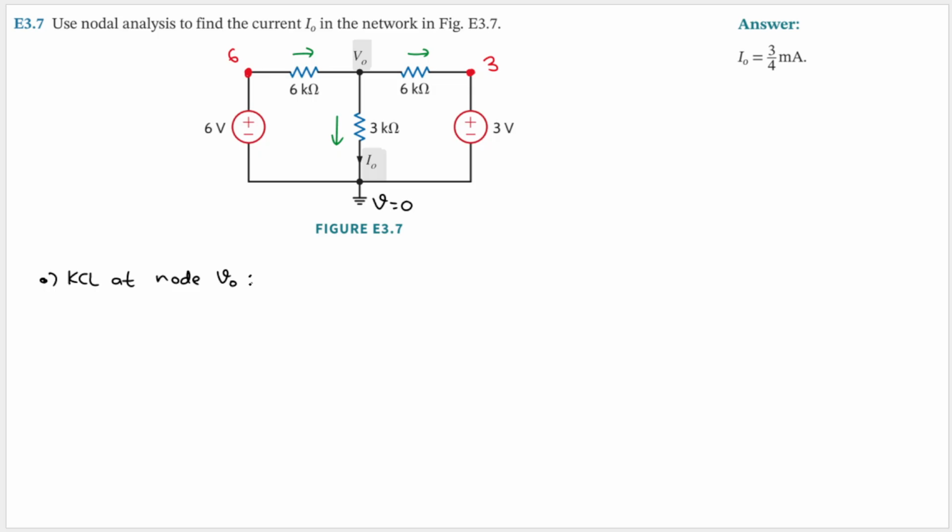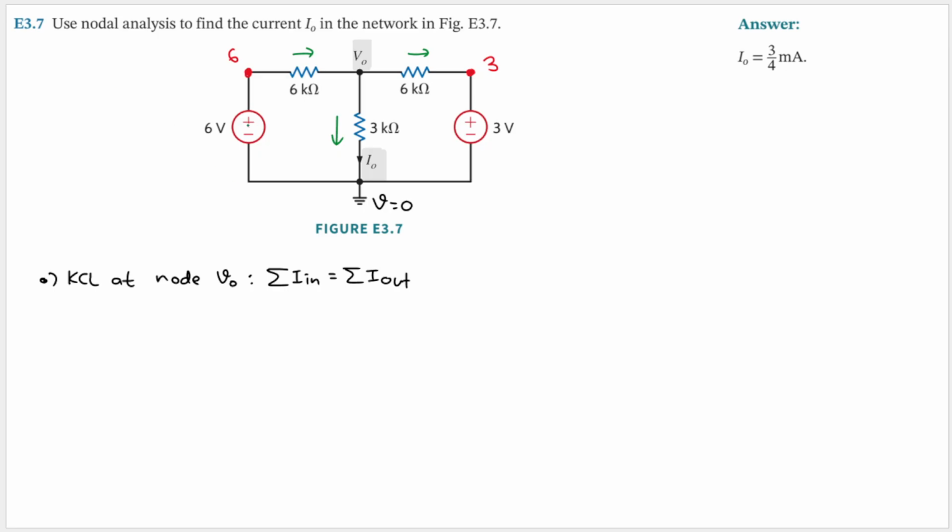What does KCL say? KCL says that the sum of the current that goes in will equal the sum of the current that goes out. The only current that goes in is this one, and this current is 6 minus V0 divided by the resistance between them, which is 6 kilo ohm.